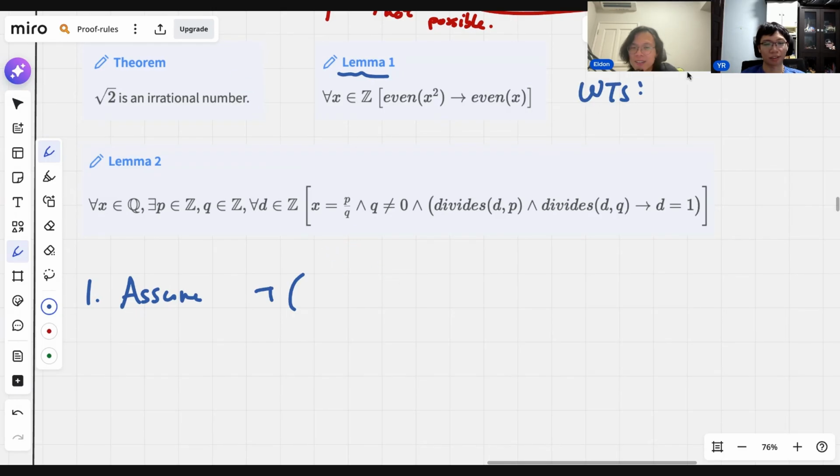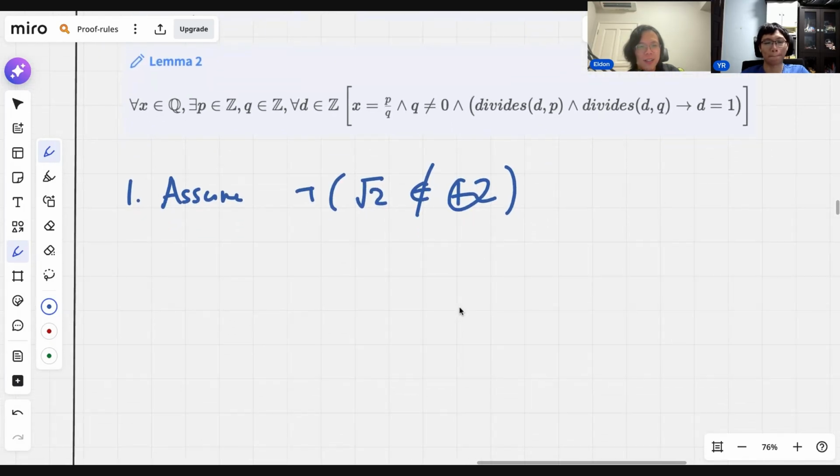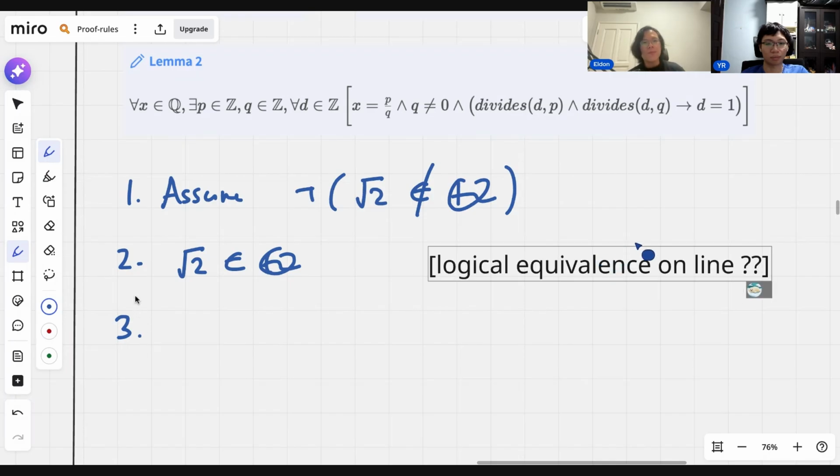We want to show that square root 2 is not in the set Q. Okay, so I'm going to assume that it is not the case that square root 2 is not in the set Q. This is logically equivalent to just saying that square root 2 is in Q. So this is just logically equivalent to line 1.